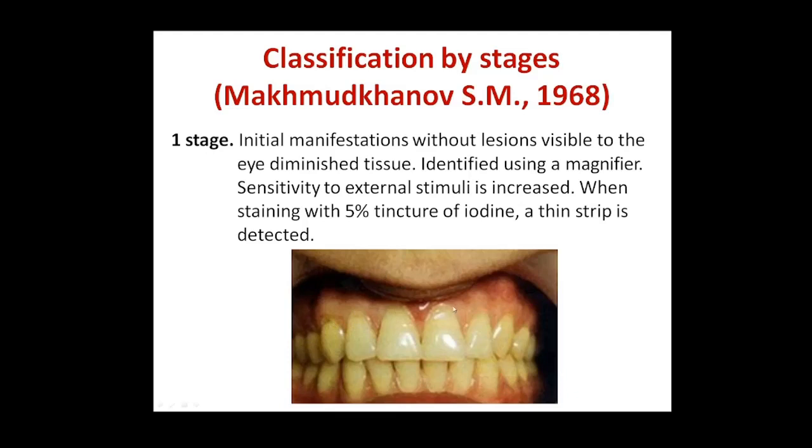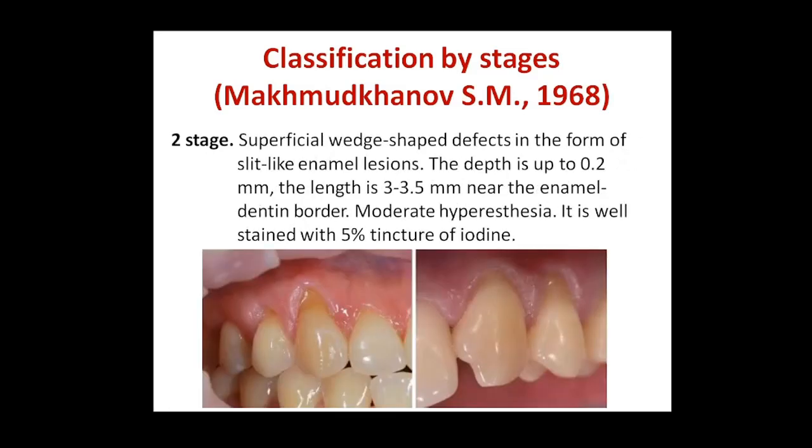Only first stages, first initial lesions. Sometimes we can't see it. Second stage, superficial wedge-shaped defect in the form of slit-like enamel lesions. The depth is up to 0.2 millimeters. The length is about 3 to 3.5 millimeters near the enamel-dentin border. Moderate hyperesthesia. It's well stained with iodine.